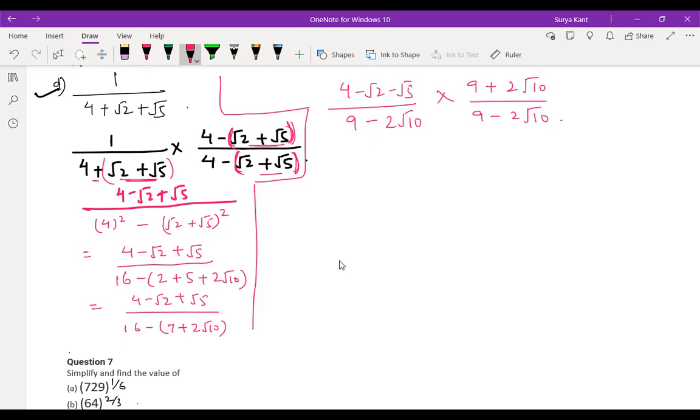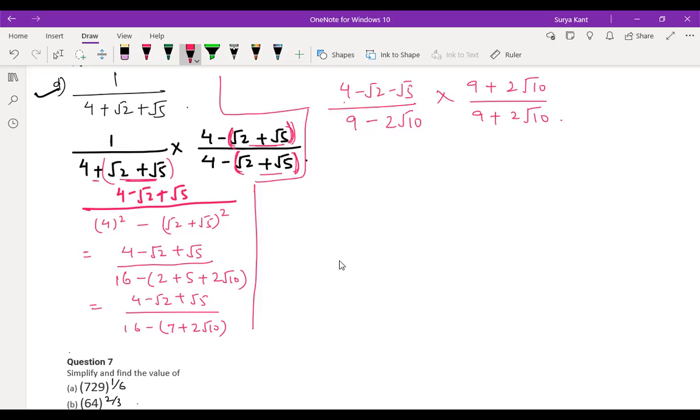Again, you have to multiply this 4 by the whole thing, right? Root 2 by the whole thing, root 5 minus. Yes, tell Shamvi. When you said 9 plus 2 root 10 by 9 minus 2 root 10, is it 9 plus 2 root 10? Yeah, exactly. Here it is 9 plus.